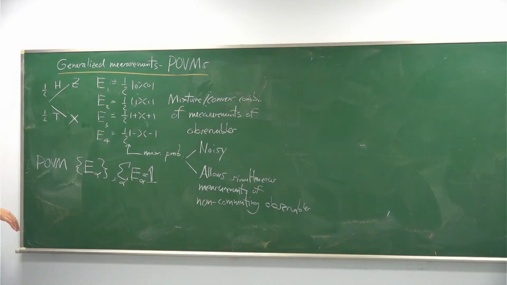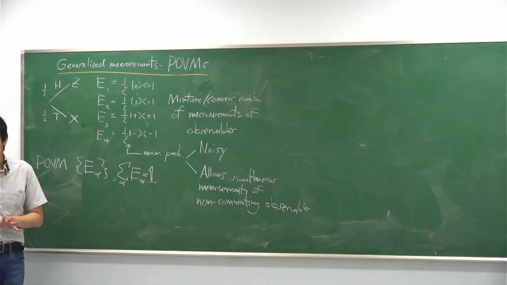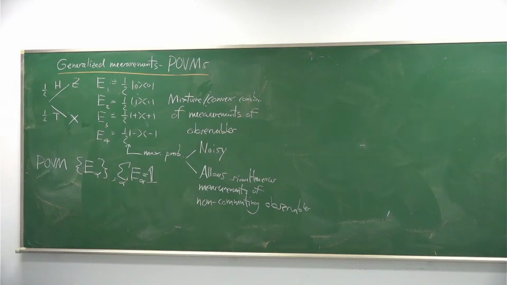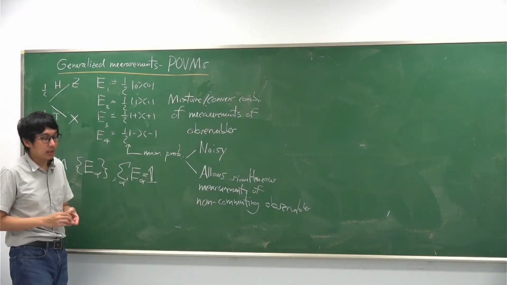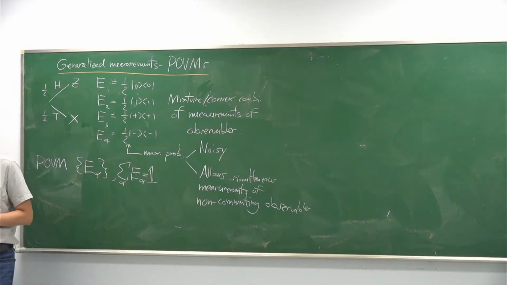This is the kind of thing that happens in the lab or in real life all the time, right? Practically, strictly speaking, any quantum measurement is not a perfect projective measurement, so they're all POVMs in one way or another. It's a big subject.